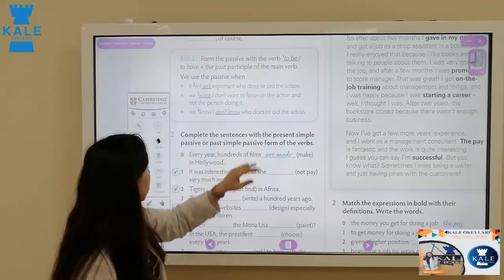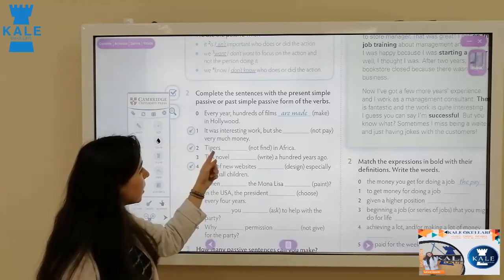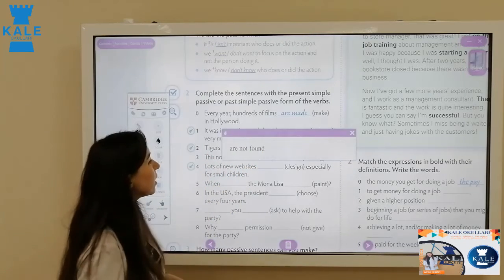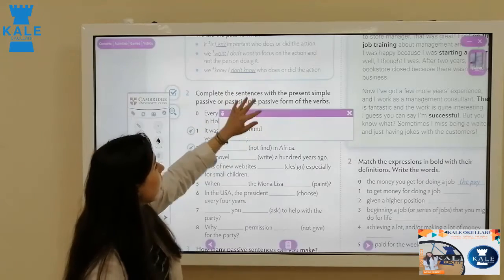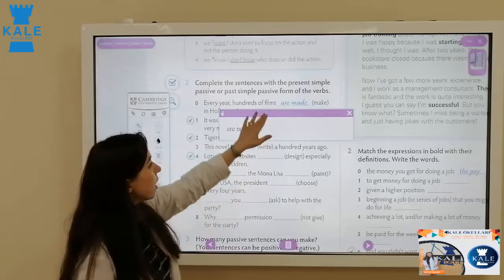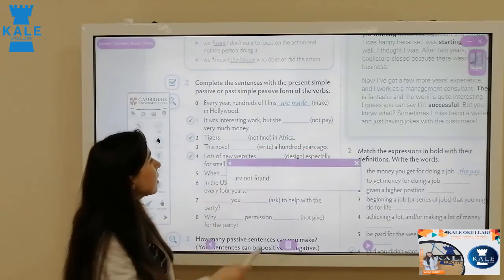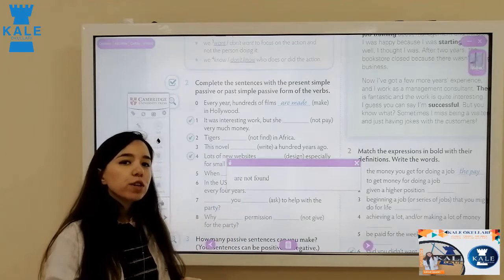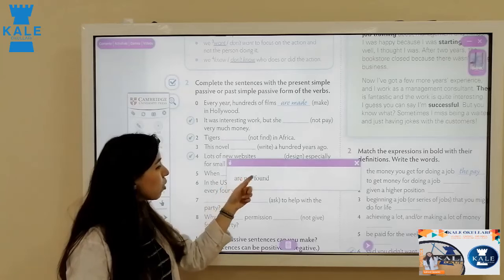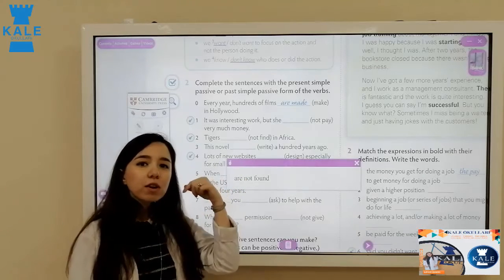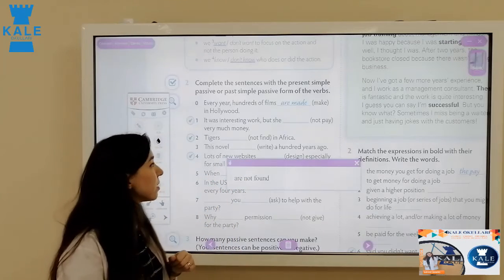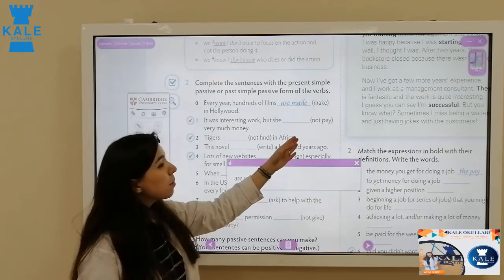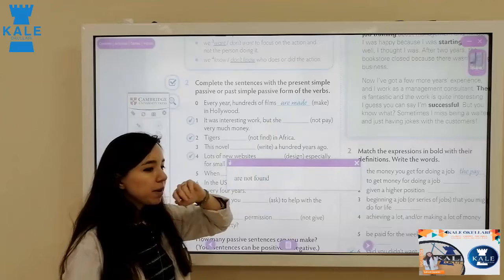And now come to number two. Tigers not found in Africa. What is the answer? Look at here. Tigers are not found in Africa. This is our passive sentence. But if we want to think about active sentences, what can it be? Tigers are not found in Africa by, for example, local people there.